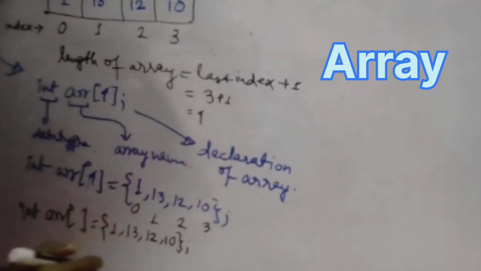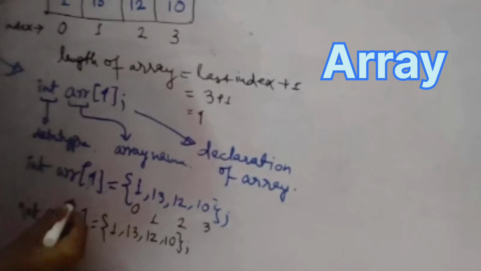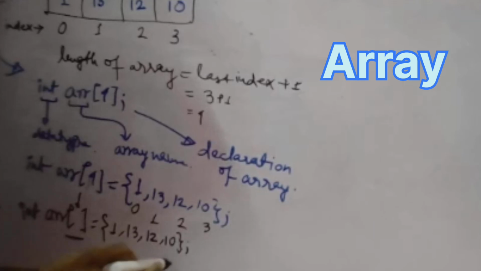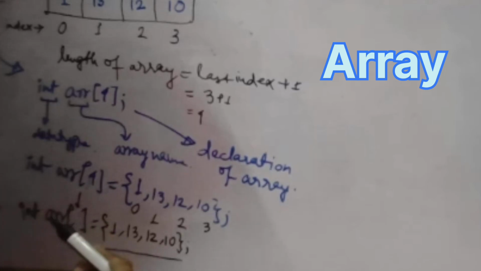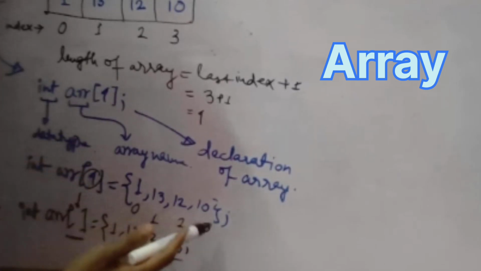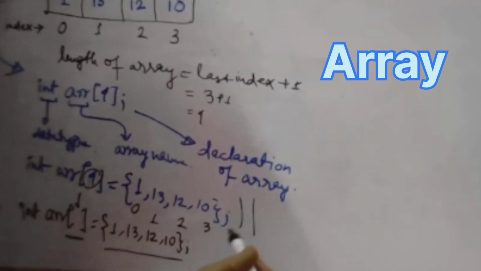We can also initialize the array this way because here it is not necessary to put a value in between the brackets, meaning the size of the array, because we have initialized it here. The compiler will understand that there are 4 values in this particular array, so the size will be set automatically. So it is optional to put the size when we initialize it.